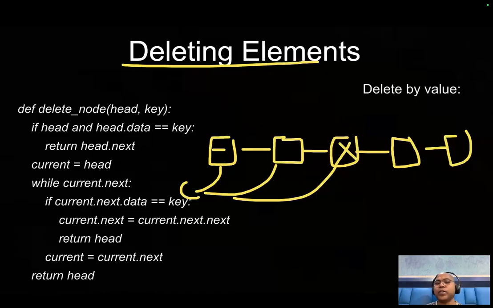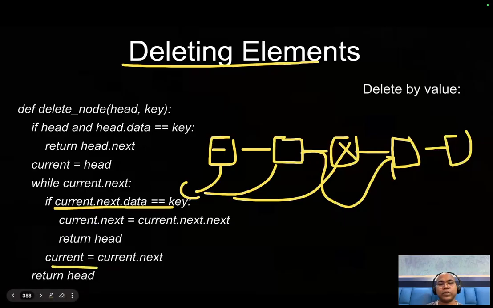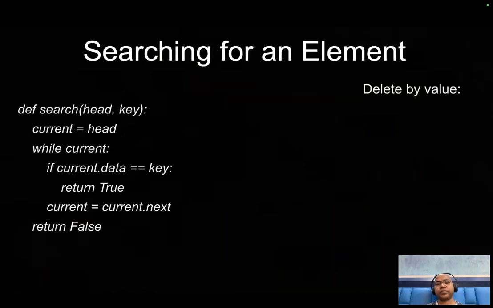If this element matches, how to delete? I just move the pointer so it skips this node. You can say if the next data matches the key, just change the pointer. This is the way you delete a specific element.